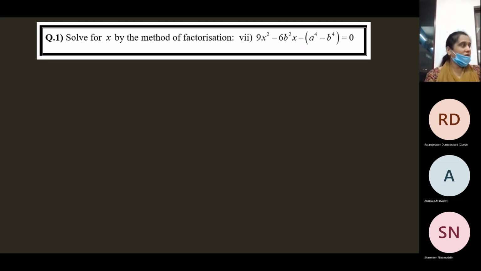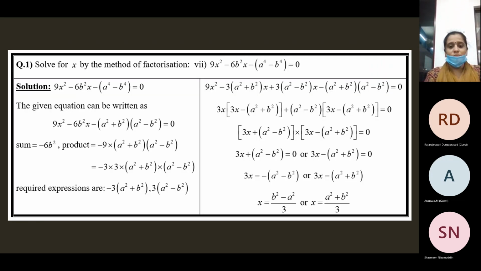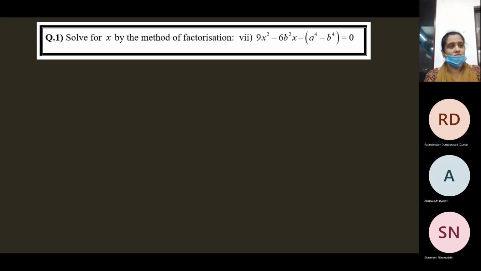Minus A minus B by 3, B minus A by 3. Minus A, no. The power is 4. I think you have not handled that correctly. It's not B square, it is B square the whole square. What have you written? B square minus A square by 3, then?